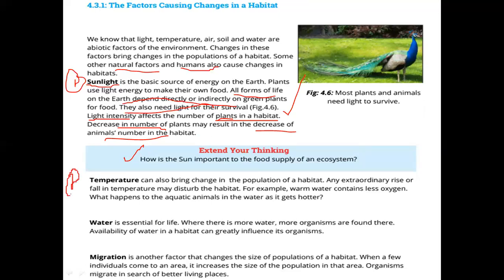Second major factor. One more thing is left here: sunlight is not only needed for the plants, but sunlight is also needed for the animals to survive. Many animals which live in the colder regions just wait for the sunlight to give heat and light to their body for their survival.